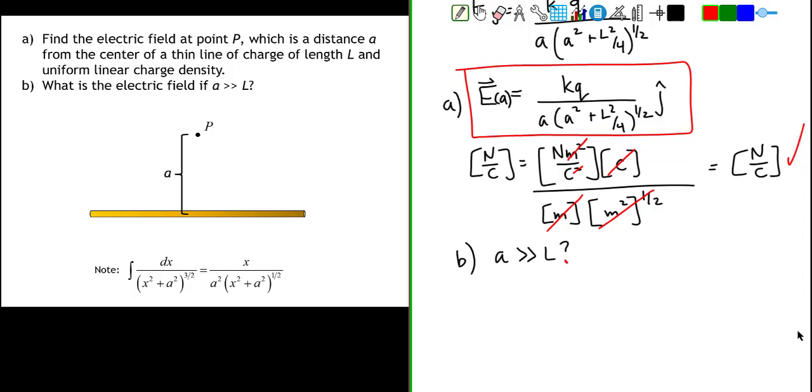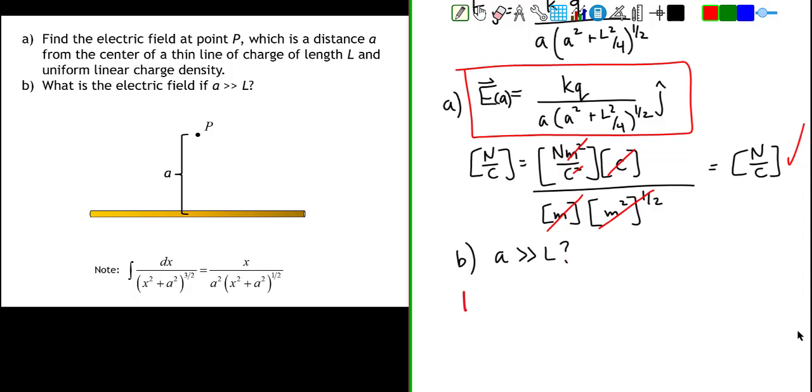Eventually, the car will move so far away, it'll look like a dot in space. So if A is much greater than L, that's really saying we move so far away that the charge is going to look like a point charge. Well, let's discuss that differently. Let's look at that mathematically.